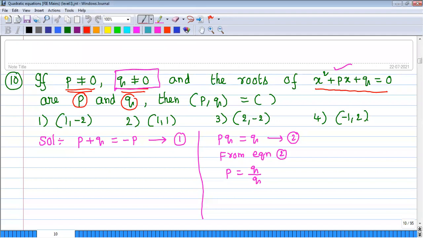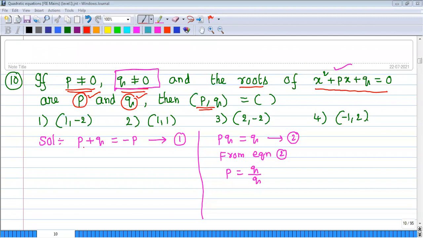P does not equal 0, Q does not equal 0, and the roots of x square plus px plus q is equal to 0 are P and Q, then find P comma Q. Now the sum of the roots, P plus Q, is equal to minus B by A. Here B is equal to P, A is equal to 1.